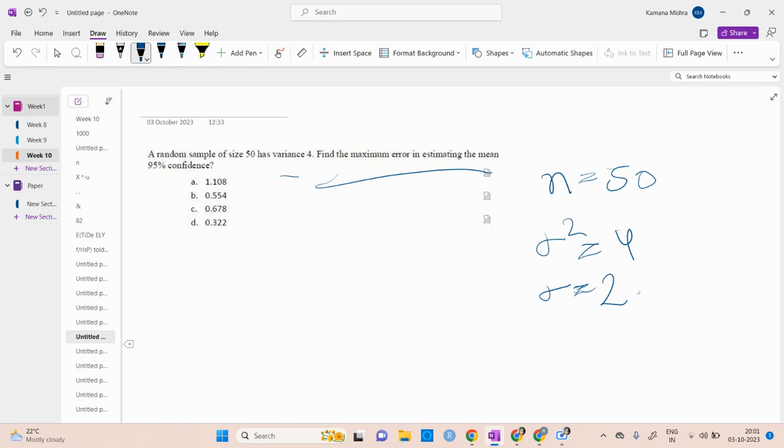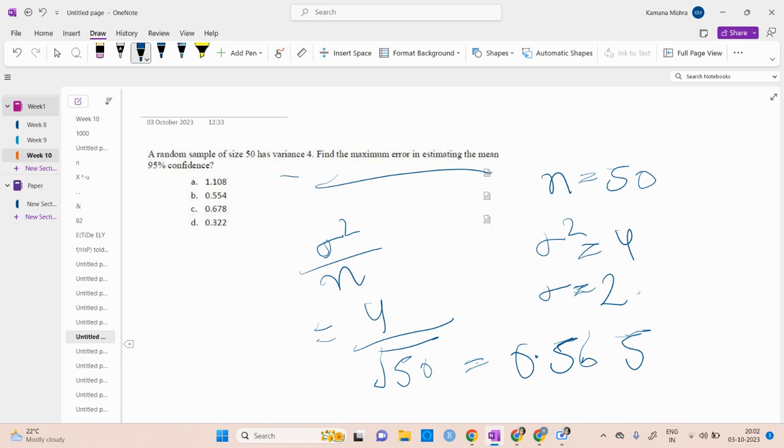So it will be just sigma upon root n. That one will be 4 upon root 50, divided by root 50. So that one is 0.565.